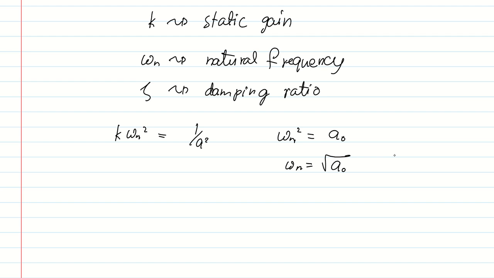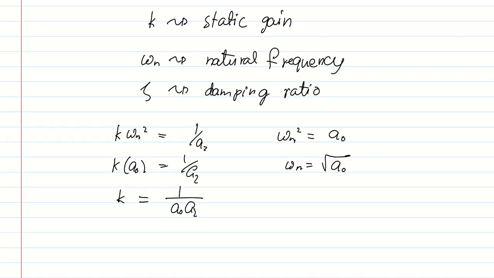And if you know that, we can go back here. We can solve for k, the static gain of the system, by substituting omega n, which is the square root of a0. So this is a0, equals 1 over a2. So solving for k is just equal to 1 over a0 times a2.